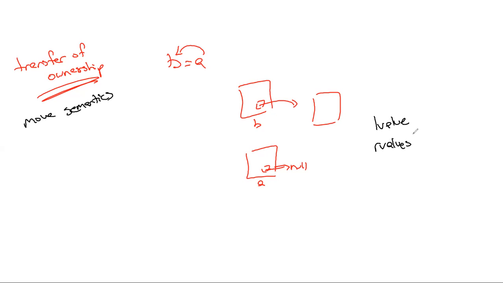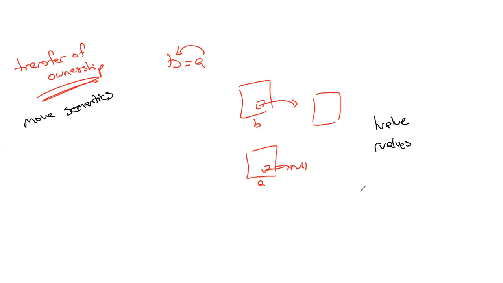Just to recap, L values are pretty much values which must retain their memory for future use. L values are allowed to be on the left-hand side of an assignment. R values are values which do not retain memory for future use, and therefore they are not allowed to be on the left-hand side of an assignment.